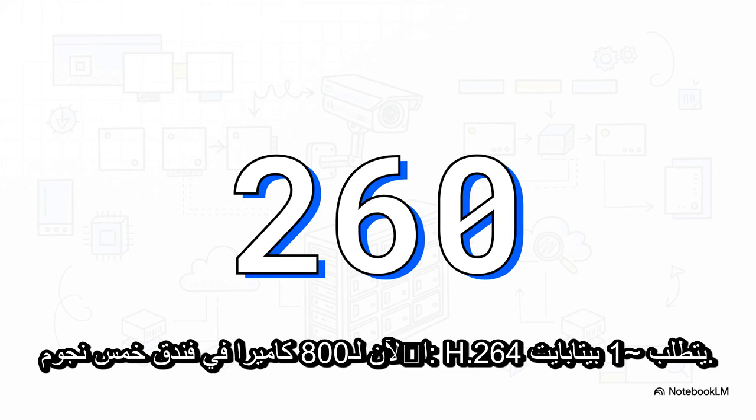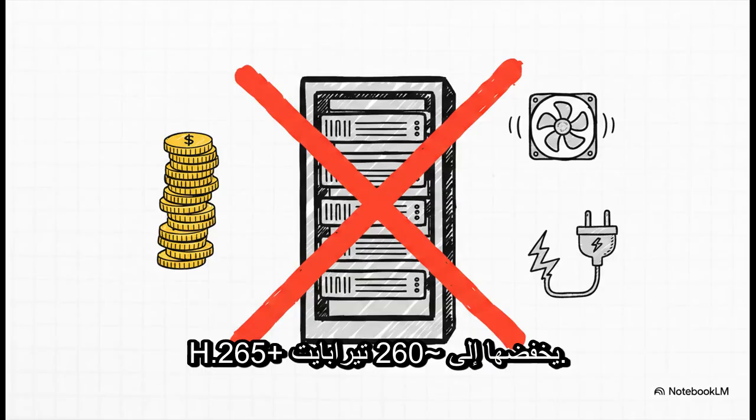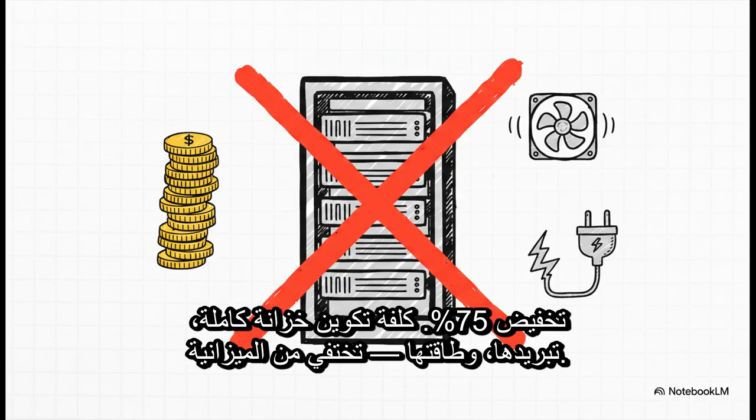If you stuck with the old H.264, you'd need around 1 petabyte of storage. 1 petabyte. But by moving to H.265 Plus, your storage requirement plummets down to just 260 terabytes. That staggering 75% reduction is a huge deal. That is quite literally the physical cost, the cooling requirement, and the power draw of an entire enterprise storage rack completely eliminated from your project budget.